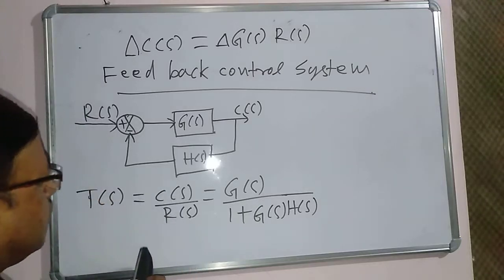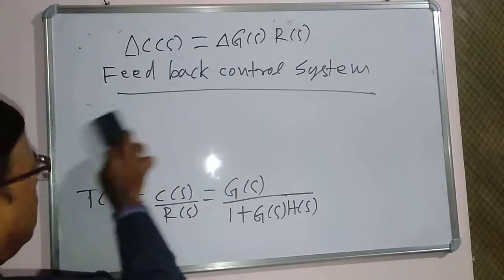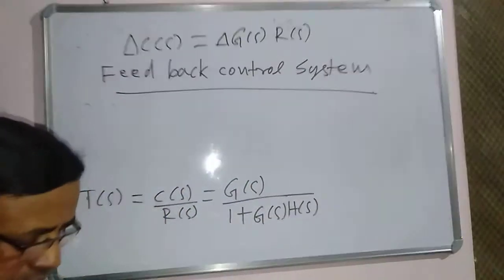So let us now discuss what is the change in controlled output due to parameter variation.